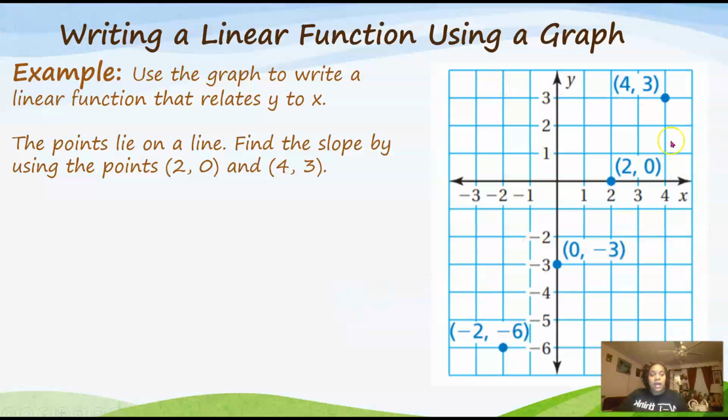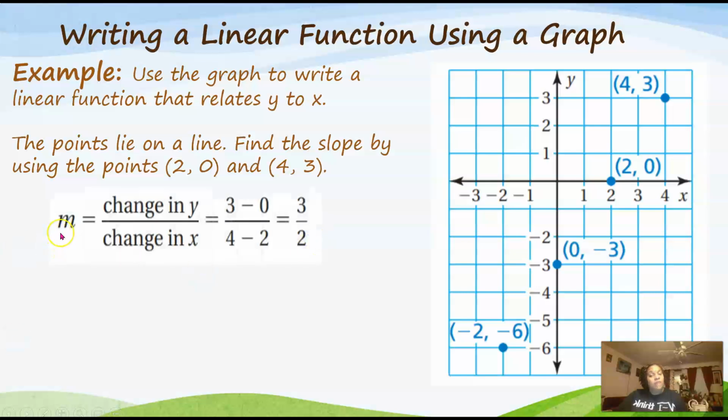So here goes your graph. The points lie on a line. Find the slope by using the points (2, 0) and (4, 3). To find slope once again, m is the change in y over the change in x. So 3 minus 0.